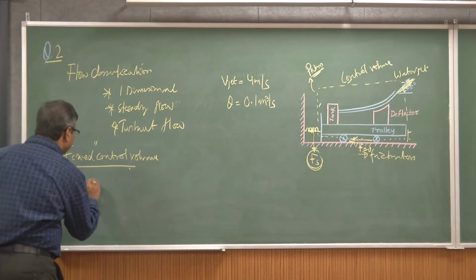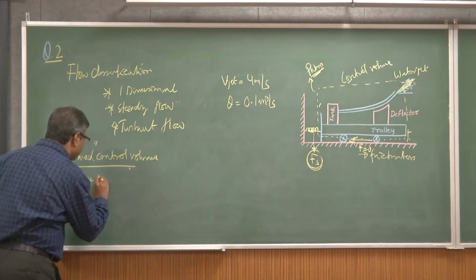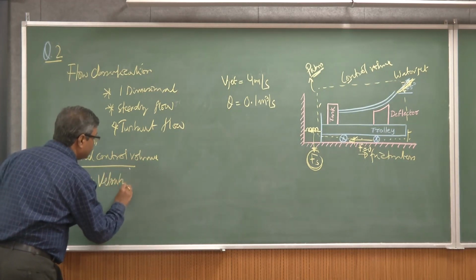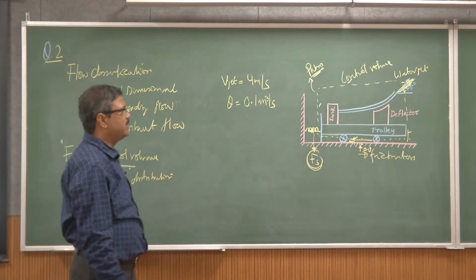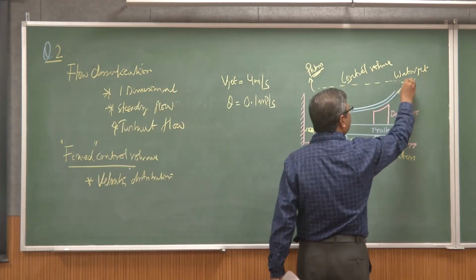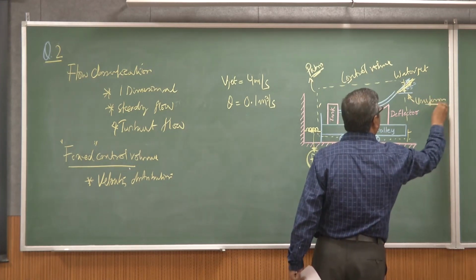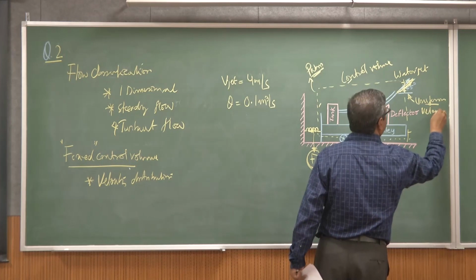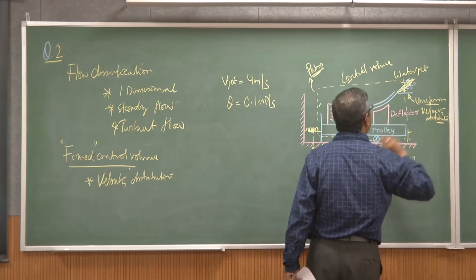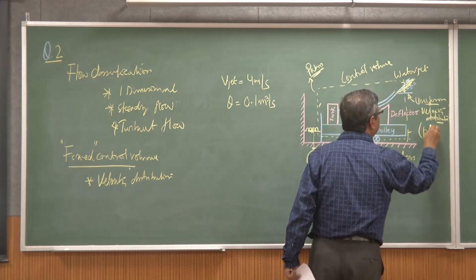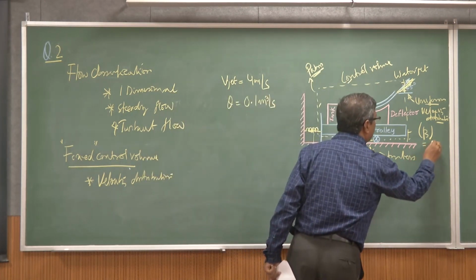Before that, as for this flow distribution, the velocity distribution for this small jet going out from this, we can consider as a uniform flow velocity distribution. As we consider it a uniform velocity distribution, the momentum correction factor beta becomes 1.